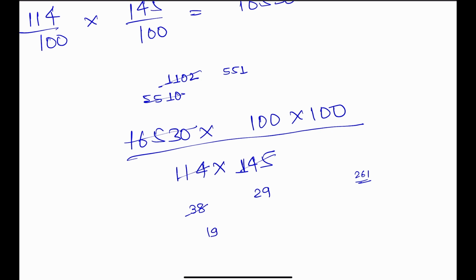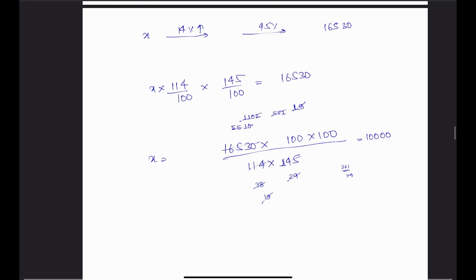Where is the mistake? Okay, yeah, it's divisible by 9 though. So it is 19. 19 gone. 10000 is the answer of this question.